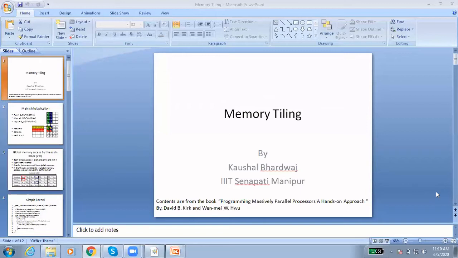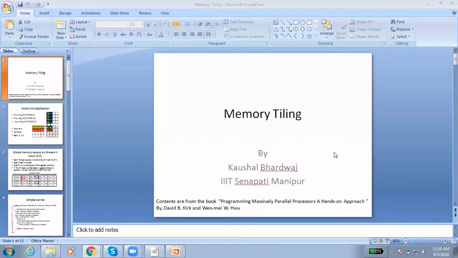Otherwise, it may not be that helpful. If for every operation the data being accessed is new, with no repeated access of data, in that case there is no need for shared memory.